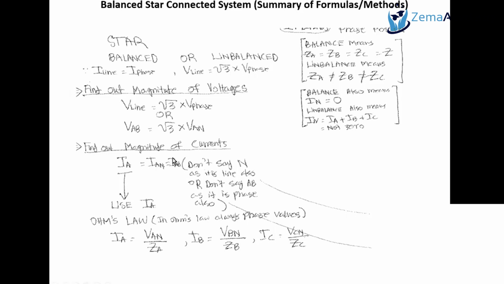If you use these terminologies in the star connection, then it might be confused with the delta connection. So I suggest you use IA here. In Ohm's law, we always use phase values, phase voltages, phase currents.